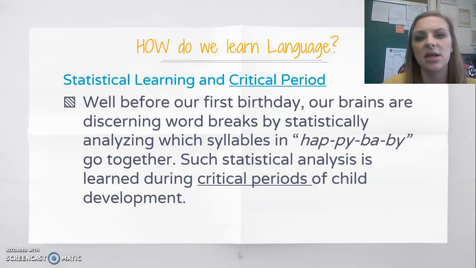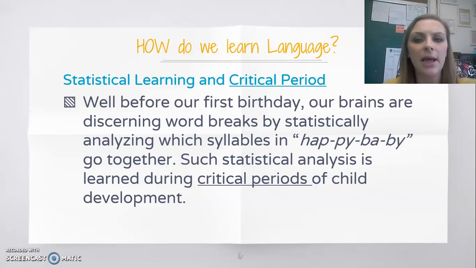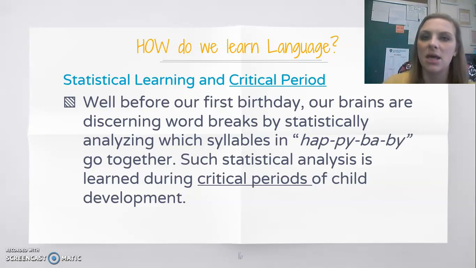This goes along with the idea of a critical period. Before our first birthday, our brains are discerning word breaks. They are statistically breaking down and analyzing which syllables go together. So when we hear the words happy baby, they can determine that happy and baby go together as words. We're able to do that well before our first birthday. And so what this tells us is that language has a critical period.